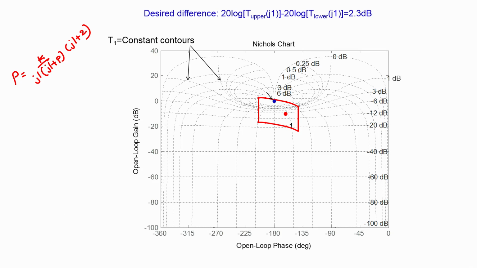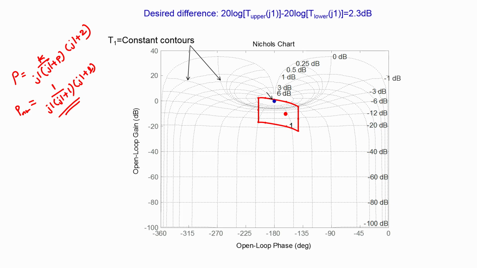Now, if we pick a particular combination of the plant gain k and p, for instance, if we choose the gain k to be its nominal value k naught and the plant pole location to be its nominal location, namely at s is equal to -1, then the plant transfer function, which is the nominal transfer function of the plant, is given by this particular expression. We note that the value of k naught is equal to 1. So, the nominal plant transfer function at 1 radian per second is given by this particular expression.